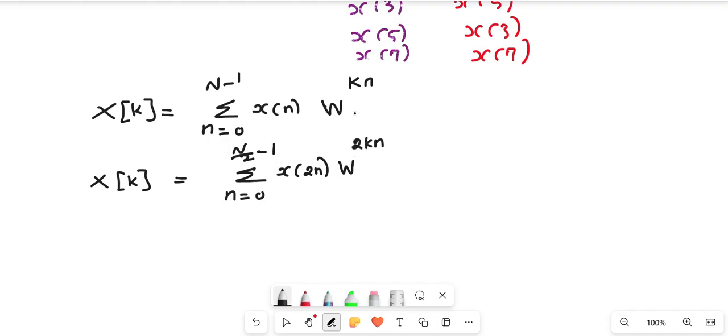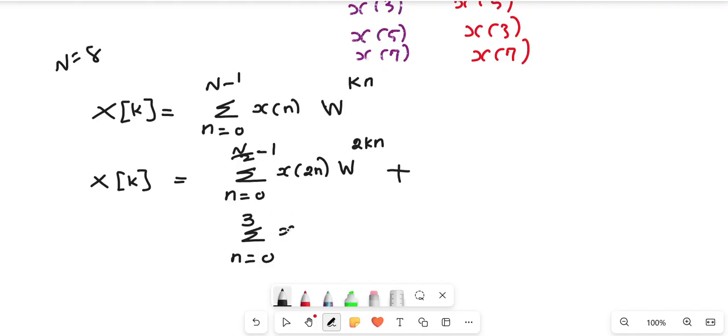This is the even sequence. You will get the even sequence: 0 gives 0, 1 means 2, 2 means 4, 3 means 6. For example, with N equal to 8, n goes from 0 to 8 by 2 minus 1, which is 3.